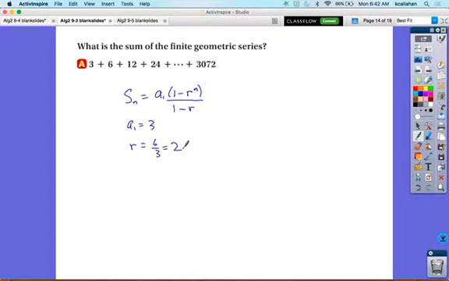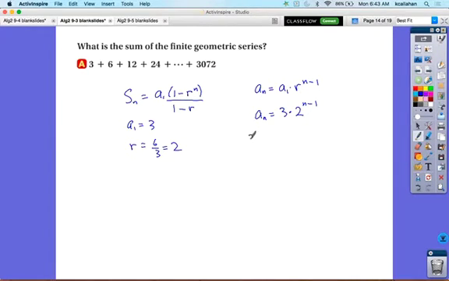Okay, like we did with arithmetic, we could see what the last term is. So we can use the formula for the nth term, right? an equals a1 times r to the n minus 1. In this case, an equals 3 times 2 raised to the n minus 1.